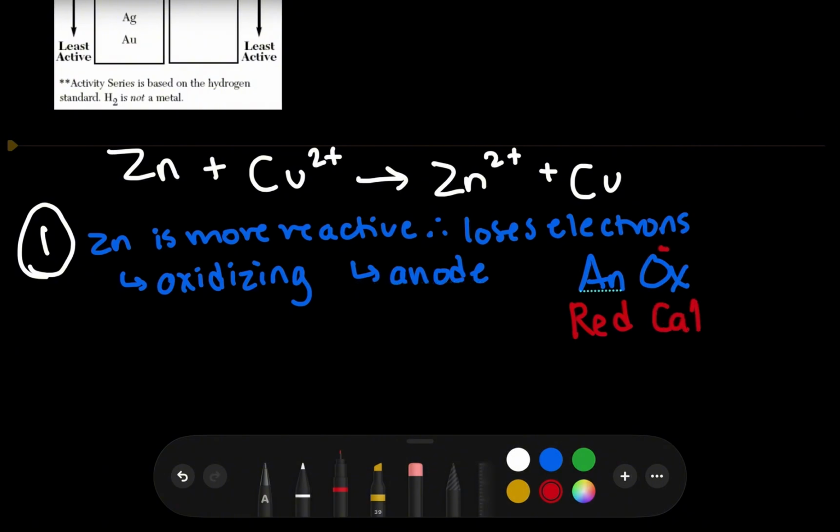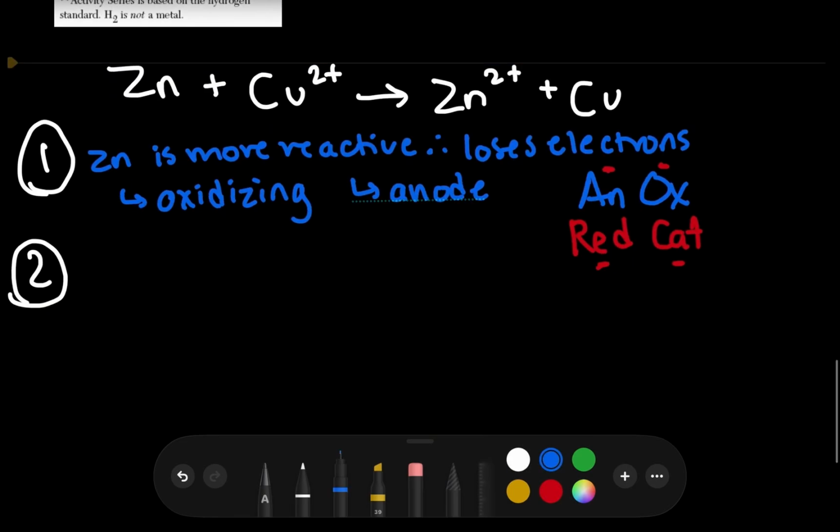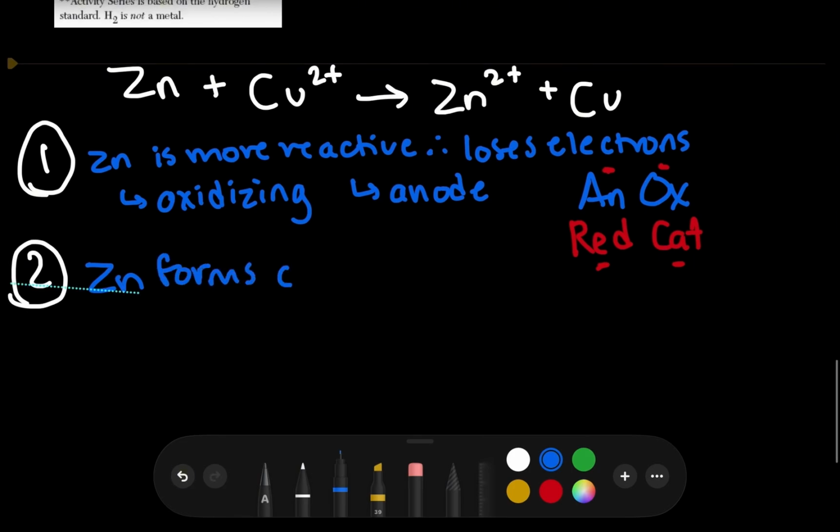So oxidation happens at the anode and reduction happens at the cathode. Now the second step is that because Zn is losing electrons, Zn is becoming more positive, or it's going to form a cation. Zn forms cation, so it becomes more positive.